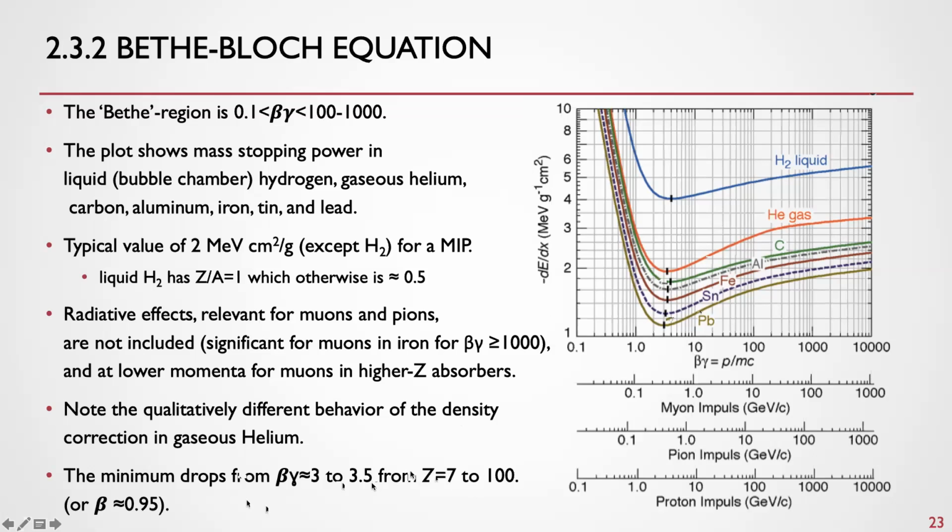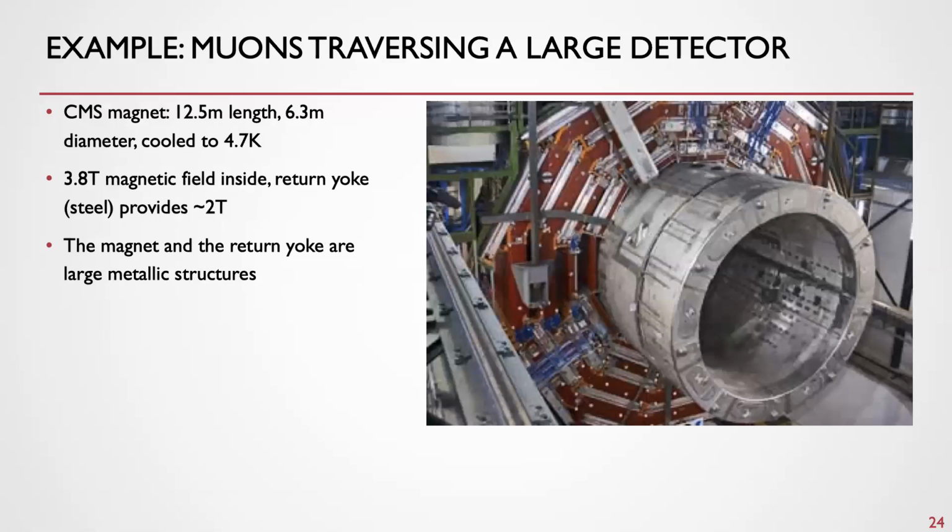So this is really a very universal equation. The Bethe-Bloch region is really very universal, and with basic scalings, with the atomic number, the momentum, and the mass, one can ballpark compute the energy loss due to ionization within a few percent. That's why it's used so much. Let's make a simple example.